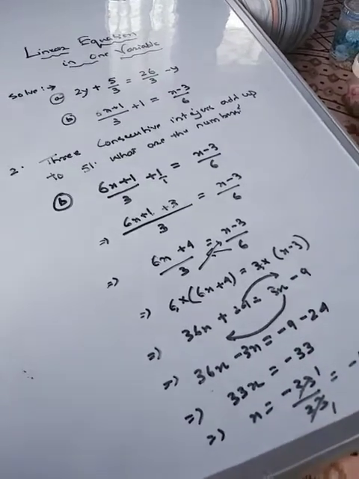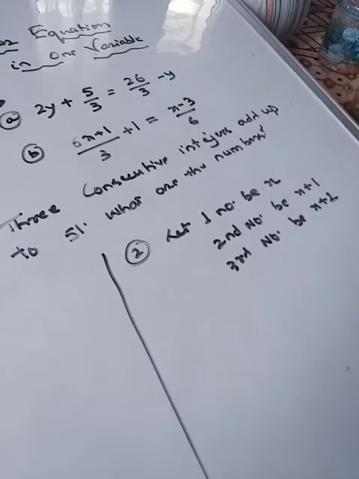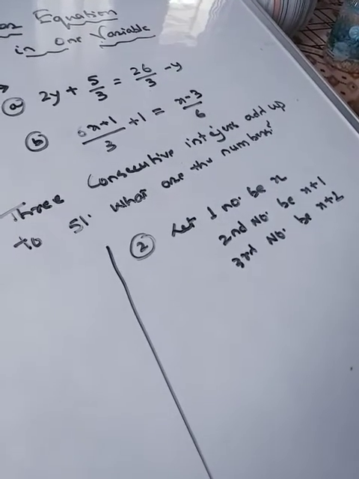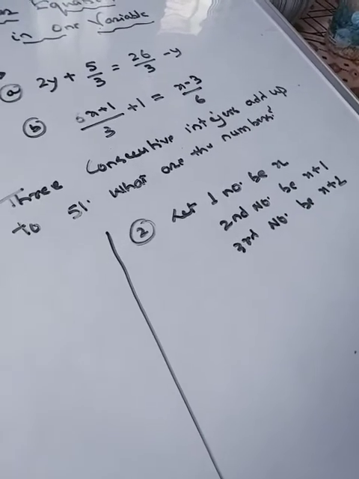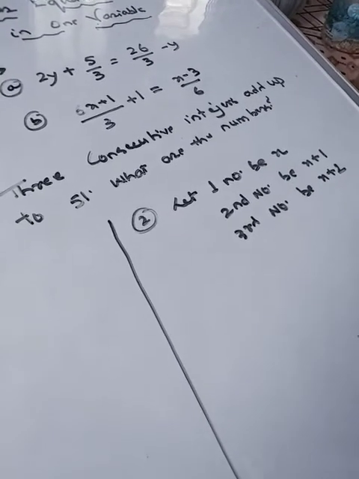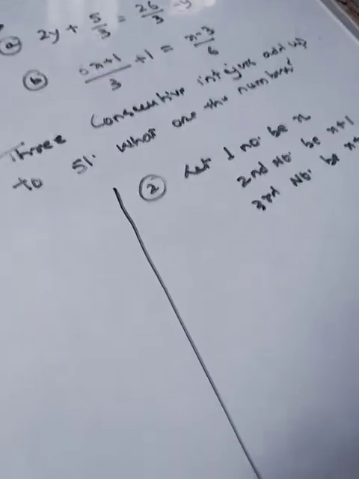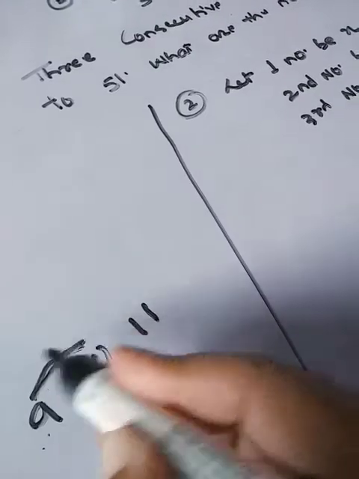Let's see question number 2. According to the question, 3 consecutive integers add up to 51. Integers means suppose 1, 2, 3. Consecutive integers means what is the difference between them? Suppose 9, 10, 11. What is the difference between 9 and 10? 1.